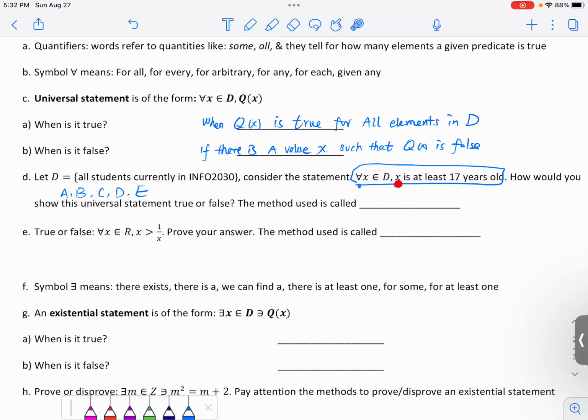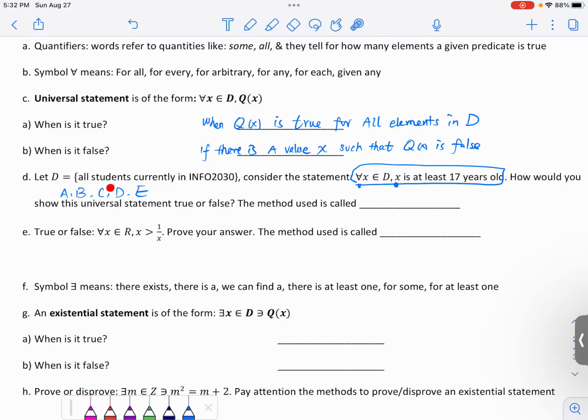Then we are going to look at them one by one. Is Allison at least 17 years old? If so, then we go to the next one. Is Ben at least 17 years old? And so on and so forth, right? If all are true, if we check all students and they are all at least 17 years old, then we are going to say this statement is true.